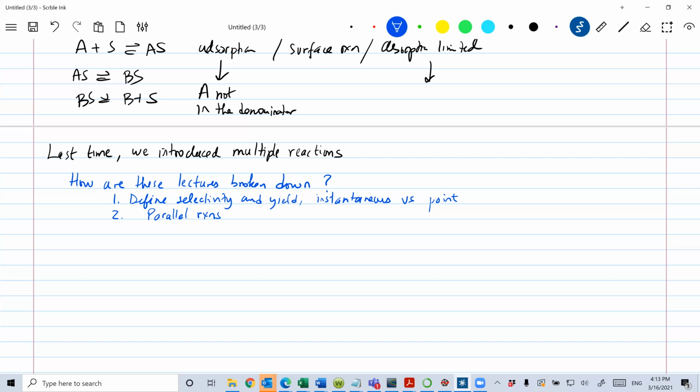This is the value of k for each reaction. So what's the selectivity from that combination of data? And what happens in these systems is you'll find that you have to use either MATLAB or Goal Seek or Solver because you have multiple equations now.